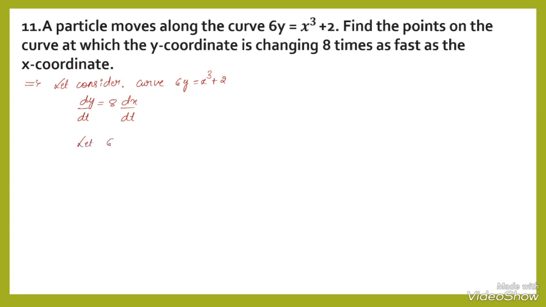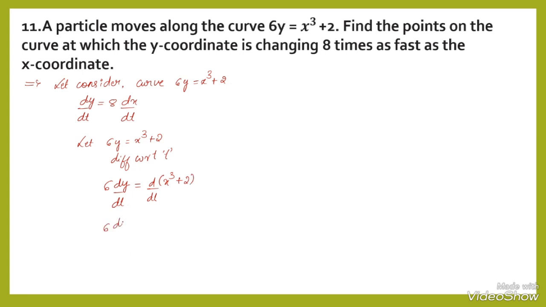Let 6y is equal to x cube plus 2. I have to differentiate with respect to t. So 6 into dy by dt is equal to the differentiation of x cube plus 2.